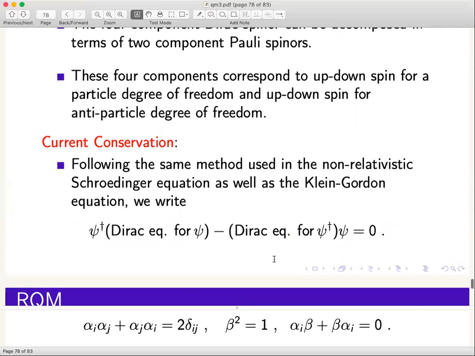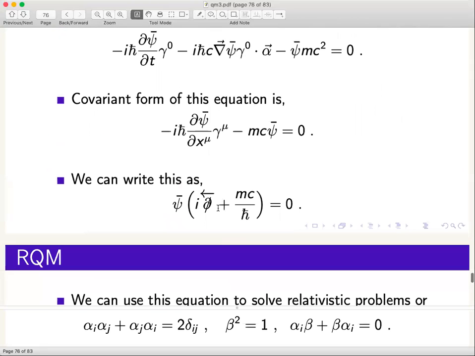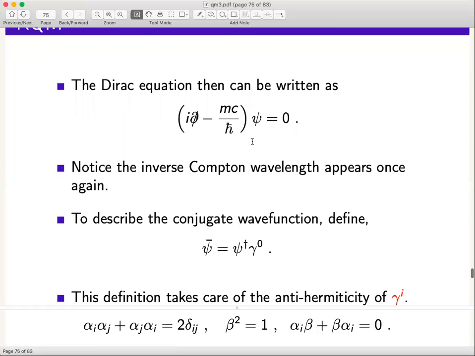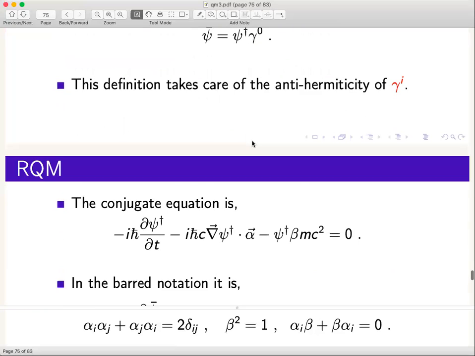Okay, now remember that the equations take a form of this type, and suppose you take this equation and multiply by psi from the right, and similarly take the other equation and multiply by psi dagger from the left, and subtract these quantities.